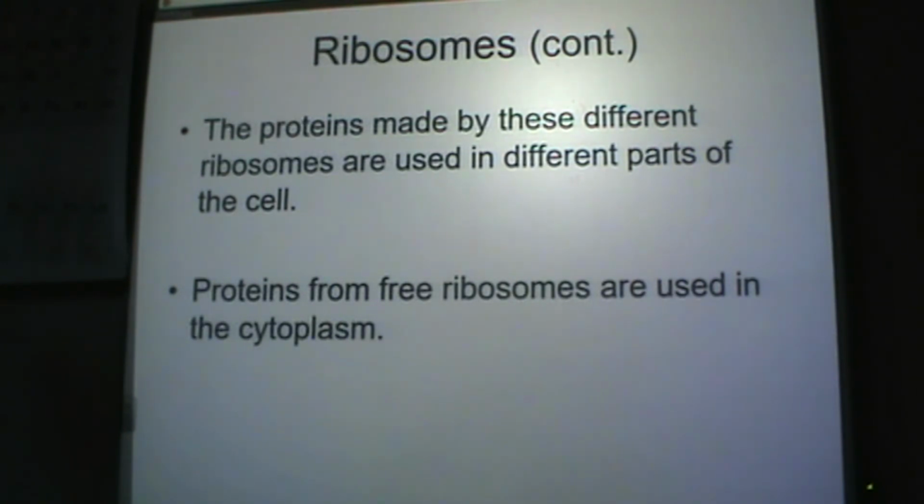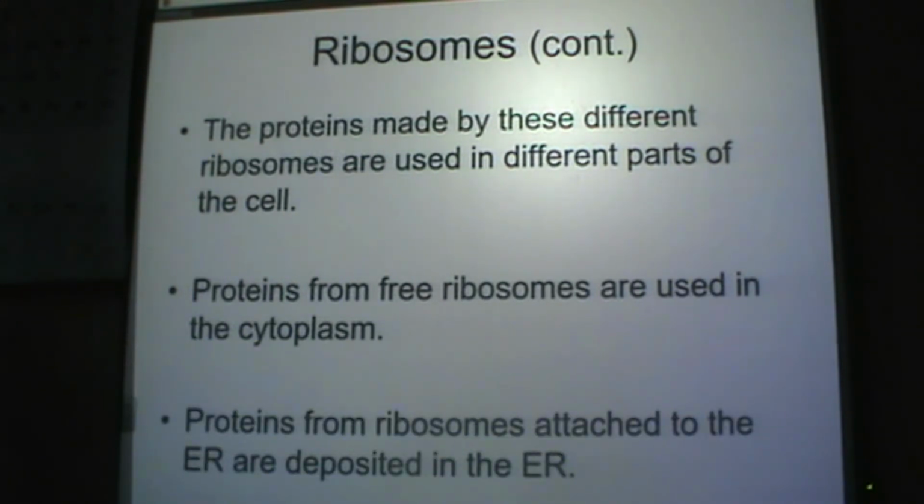They are just made to order, although some of them get put into the Golgi apparatus as well. The ones on the ER get dumped into the ER, and as they go through, it's kind of like the assembly line continues, and it puts other stuff on it and starts to fold it into the right shape. Proteins from the ribosomes attached to the ER are deposited into the lumen, the inside of it.